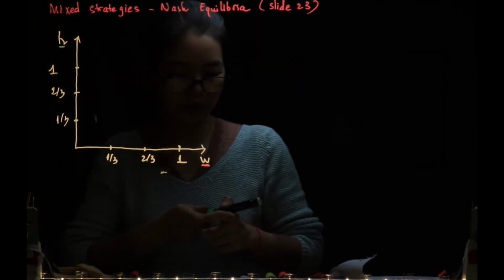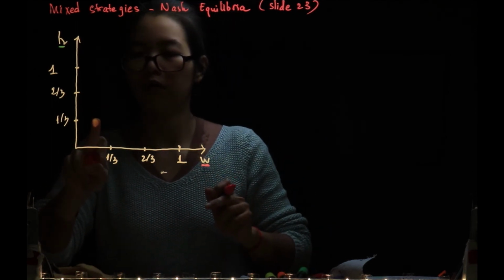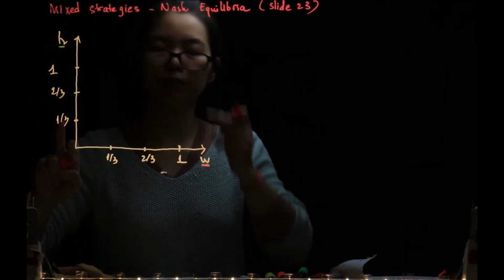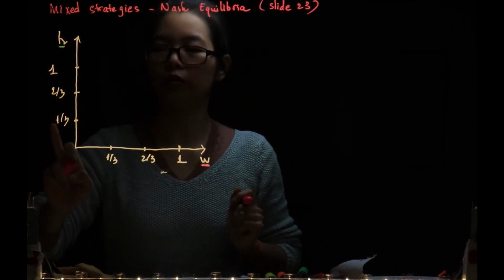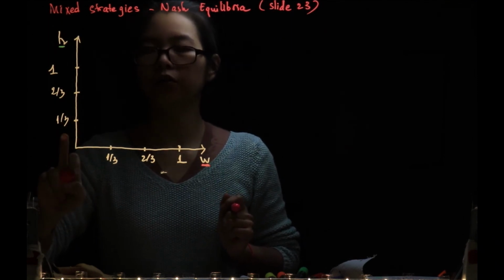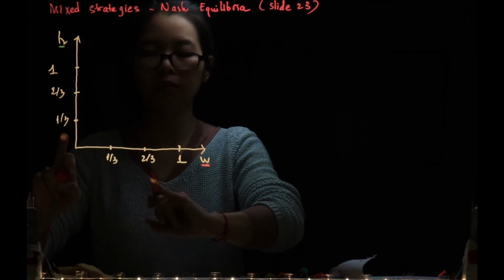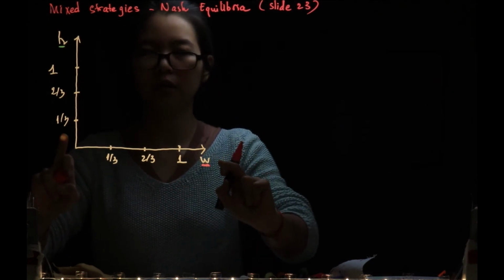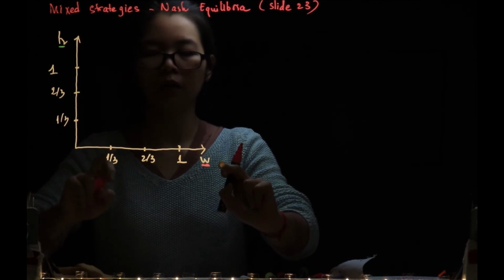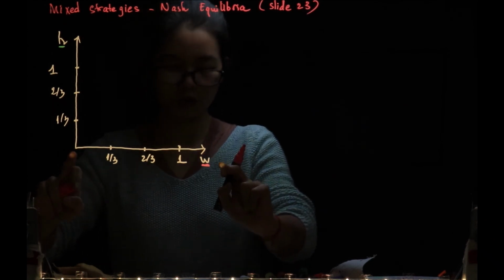Now remember what we found about the best response of the wife and the husband. Let's think about our wife first. Remember when H, the probability that the husband will go for ballot, is smaller than 1/3, then she should choose her probability as small as possible, and that is 0, right?